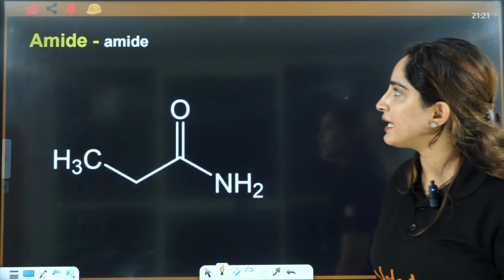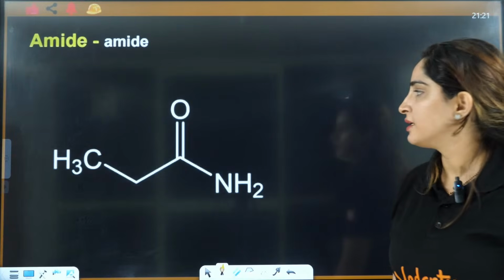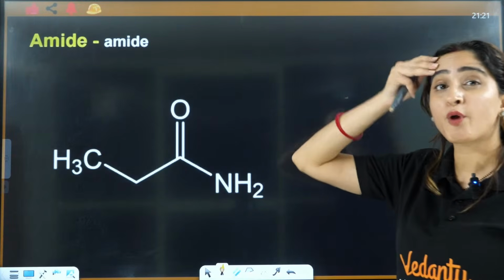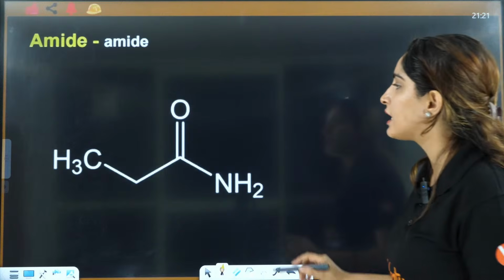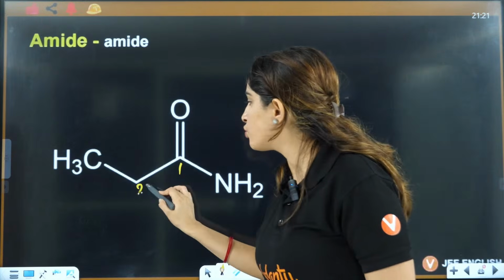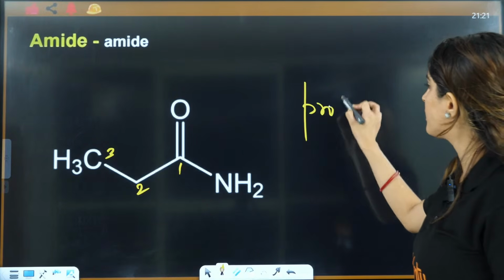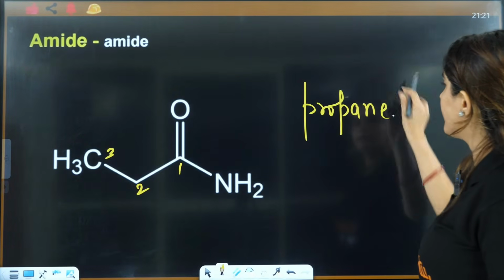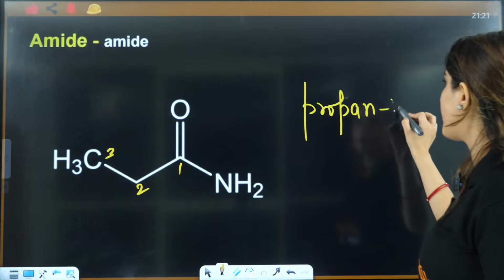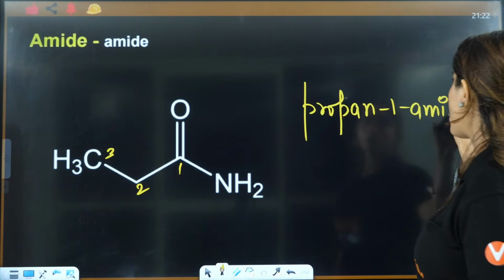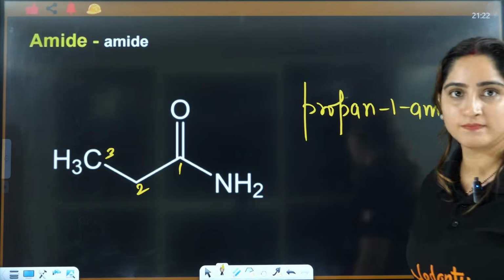got it everybody. Now next is amide. RCO, this, so you will have a proper chapter on this, right? So here it is 1, 2, 3. 3 carbons you have, so it will be propane. Instead of E, you will have 1 amide. So this is also called propanamide. Okay?